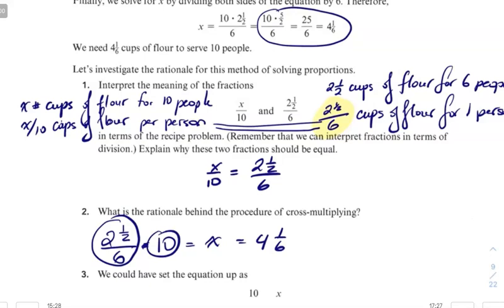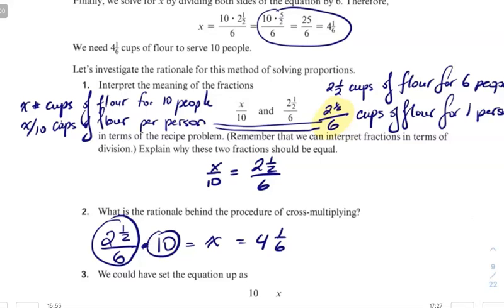All right, so now let's take a look at this. We could have set the equation up as 10/6 equals x over 2 1/2. Now, what are the fractions 10/6 and x over 2 1/2? Well, 10/6 is 10 people in the new group and 6 people in the initial recipe.